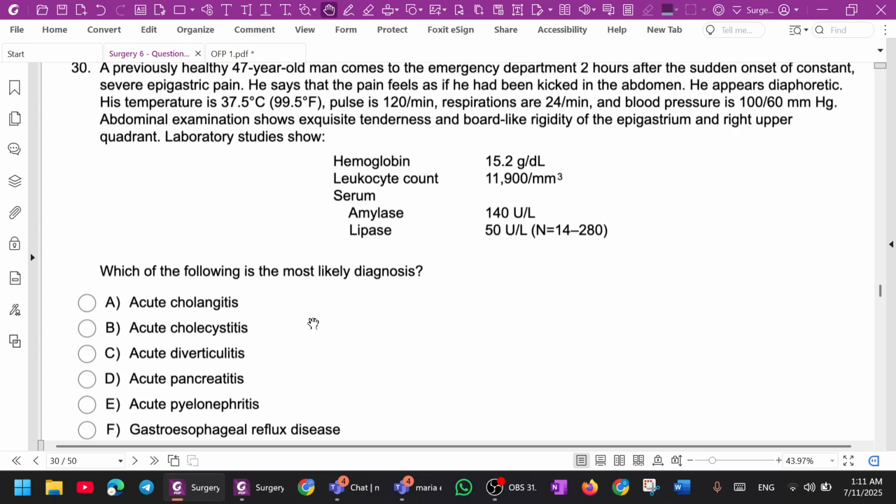Abdominal examination shows exquisite tenderness and rod-like rigidity of the epigastrium and right upper quadrant. Lab studies show hemoglobin 15.2, leukocytes 11,000, amylase 140, lipase 50. Which of the following is the most likely diagnosis?